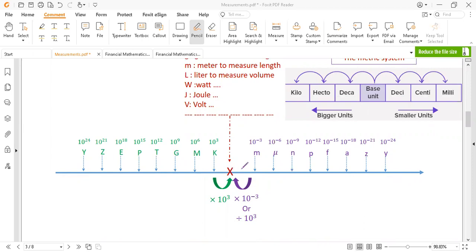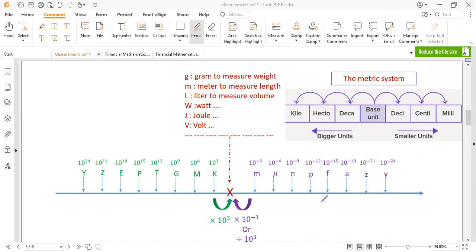Here we have the base unit, like gram, meter, liter, watt, joule, volt, etc. We should know the basics. The basic idea is when going from smaller to larger.